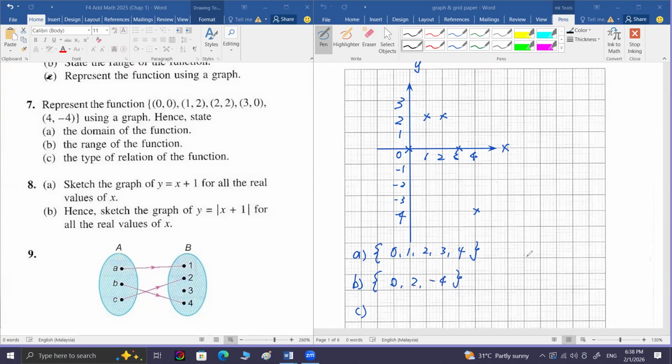And the type of relation is? How can it be one to many? It's many to one. Many to one relation.